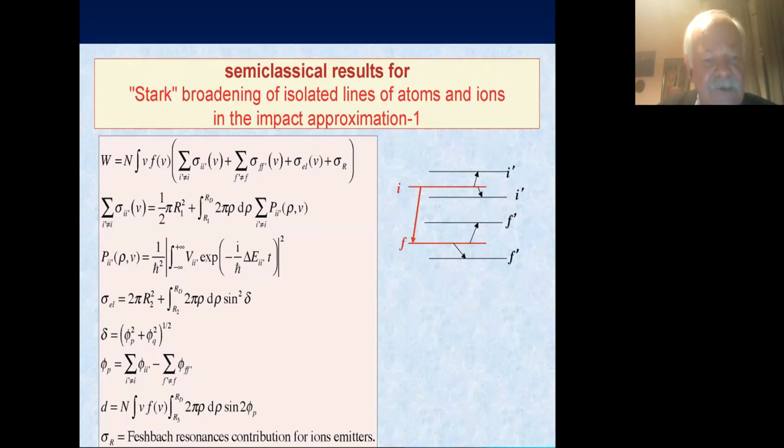Practically the best results are obtained with the semi-classical perturbation method, which we use, and you can see that the width of spectral lines broadened by the Stark broadening effect is in fact proportional to the density of perturbers, the Maxwell distribution, and the sum of cross sections from all possible transitions from initial and final levels, because each such transition practically gives a possibility for excitation and influences the final width of this transition.